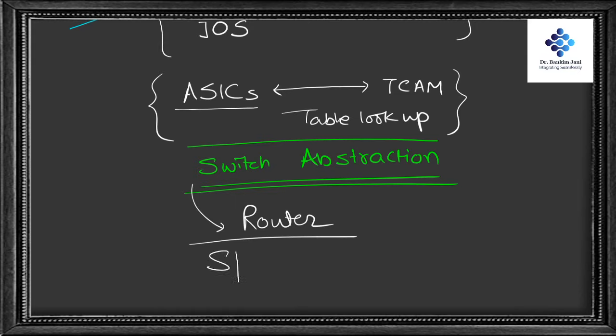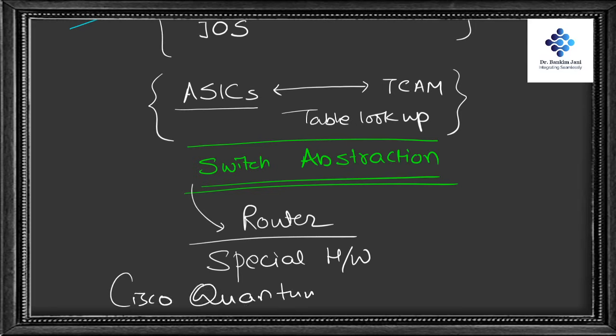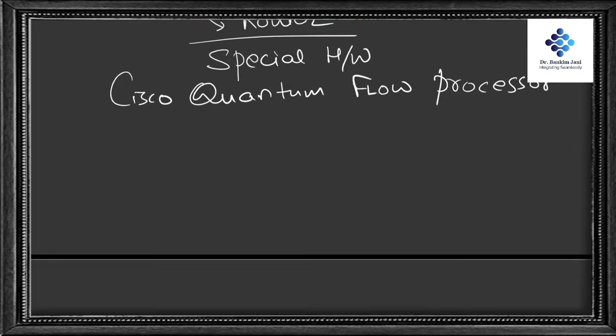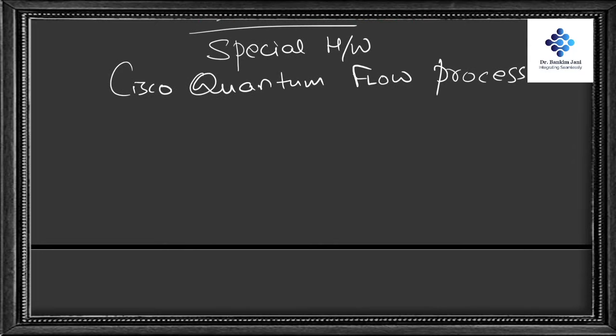So this is like special hardware for a router, and that is what is called the Cisco Quantum Flow Processor, right? These are very high speed processors which will be helping with the calculations of, say, routers.